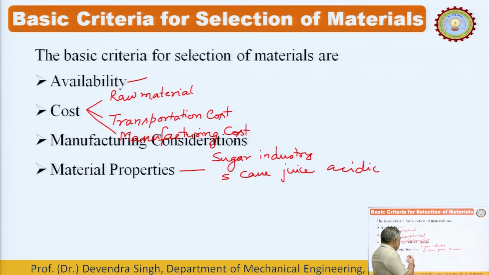So if I need to design an impeller for any centrifugal pump, what material should I select for this impeller? If it is acidic in nature, it will corrode the material of the impeller, and after a certain period it will be dissolved.